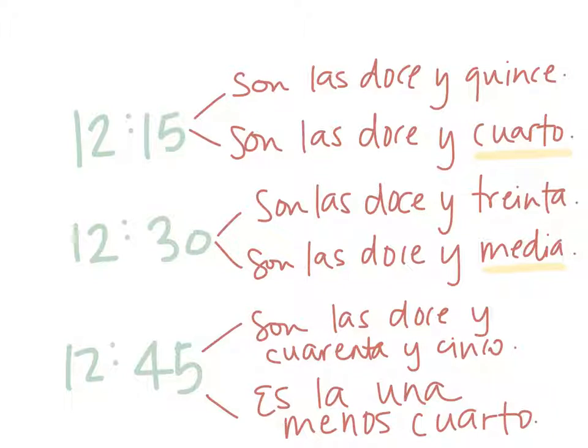Es la una menos cuarto. Okay, now again we have this es la because we're talking about it's 1, and then menos right here means minus, okay, and then cuarto means a quarter, so it's 1 minus a quarter. All right, so those are the different ways that you could do some of those specific times.